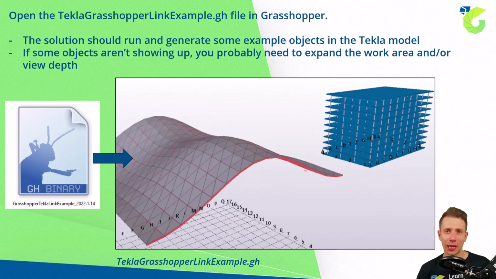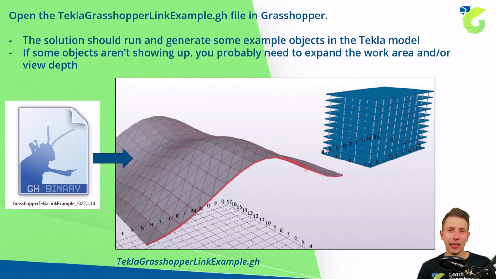You can also test if you can create all the elements with the new Livelink. So in the folder downloaded from the warehouse, you can see the Grasshopper-Tekla link example. So you can just open it through Grasshopper, or you can drag and drop it to the Grasshopper canvas, and you will see this kind of solution.